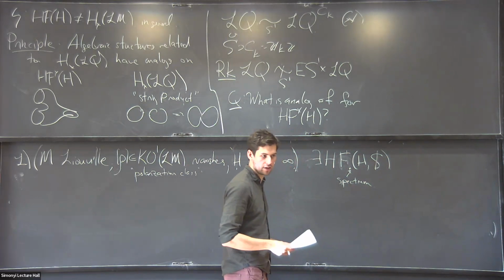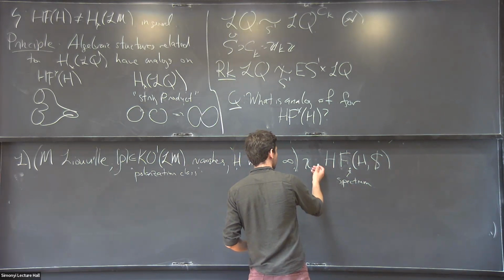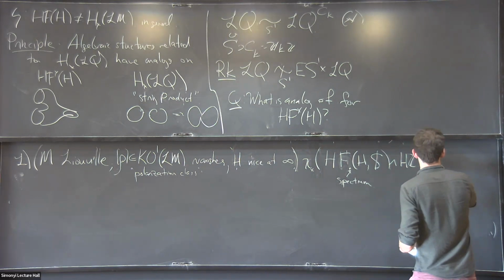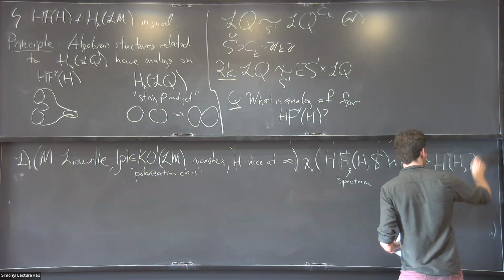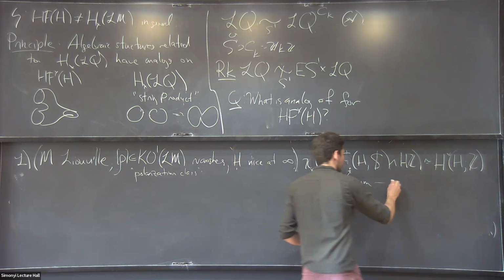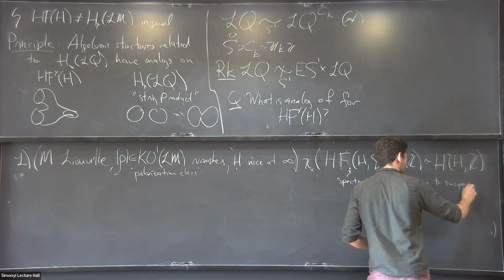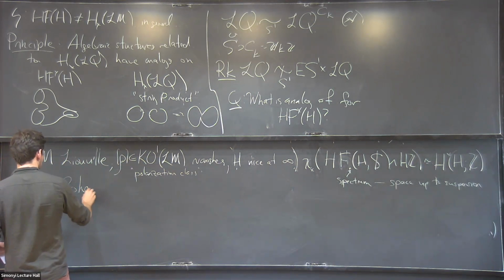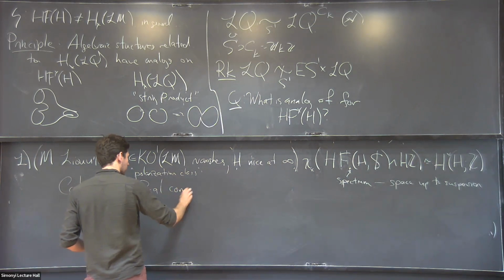And it has this property: if you take the homotopy groups of the spectrum after smashing with HZ, then this is the Floer homology groups of H with Z coefficients. Okay. So what's a spectrum? This is like a space up to suspension. Okay, so this is the Cohen, Jones, Segal construction.